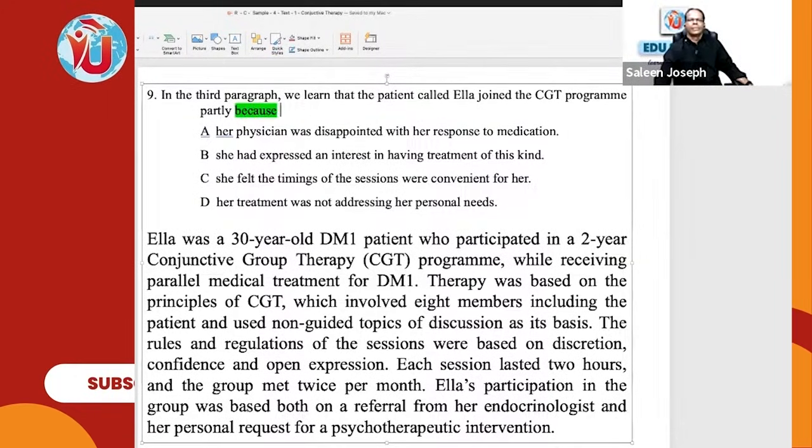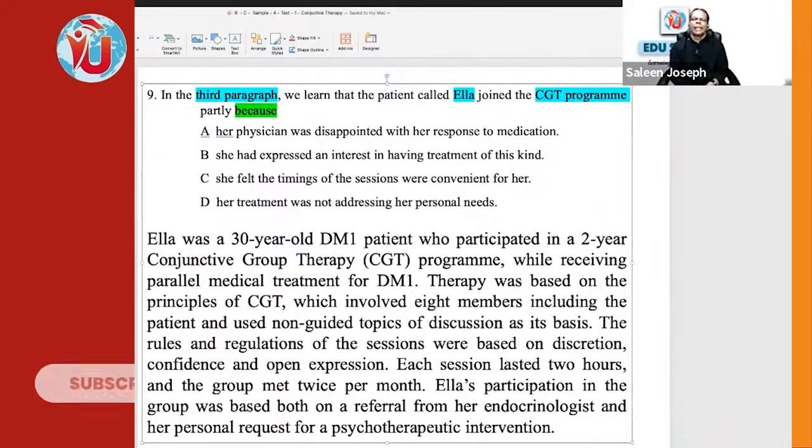Third paragraph, Ella, CGT program. Because. Now they are asking for the reason. Why did she join, or how did she join? Okay, the reason.